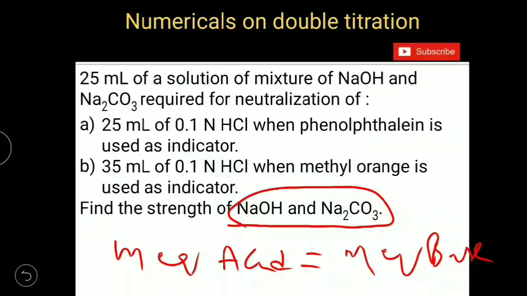But here, as we have a mixture of bases, this relation will be: number of milli equivalents of acid will be equal to number of milli equivalents of mixture of bases.